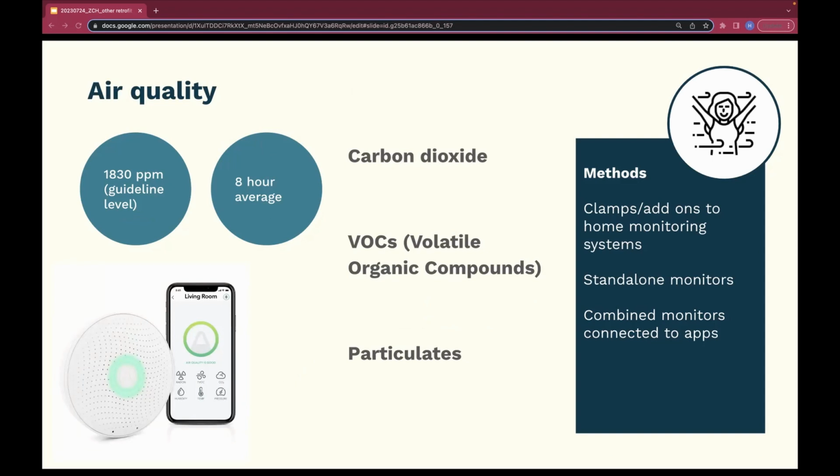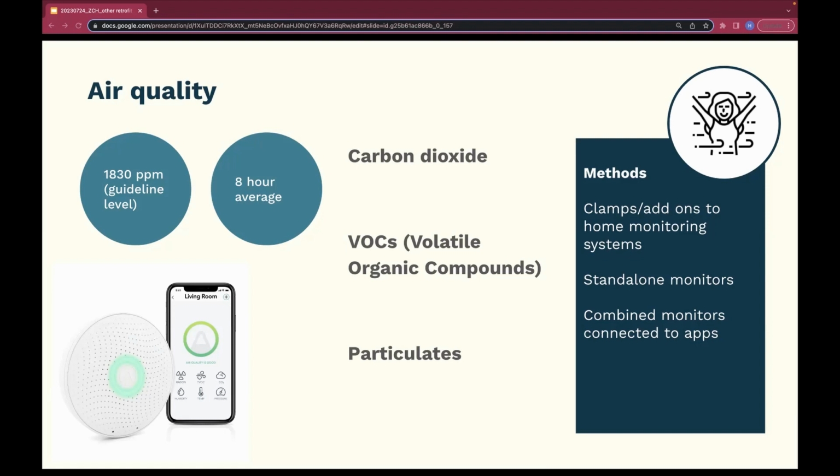And then obviously particulates, so those large particles from things like wood burning stoves, also gas cookers as well. CO2 is the dominant one, and it's the one that you probably find easiest to find bits of kit to help you monitor. It's a good proxy really for the level of pollution in the air.